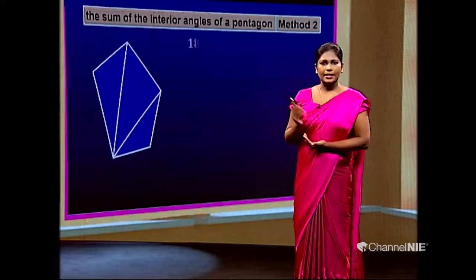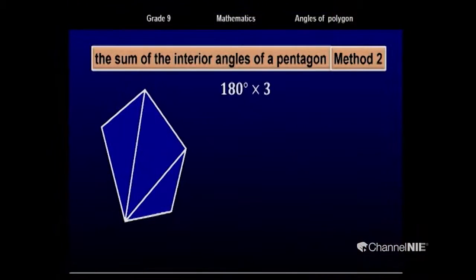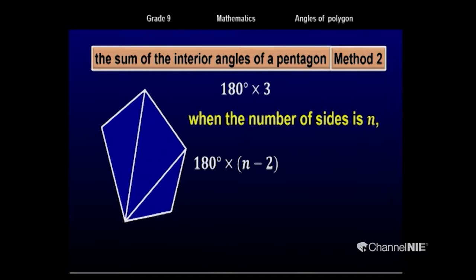Then you can take it like this: 180 into 3, because the sum of the interior angles is 180 into 3. Then when the number of sides is n, you can write 180 into (n minus 2). Here, in place of 3, you can write n minus 2, because the number of sides minus 2 is equal to 3.